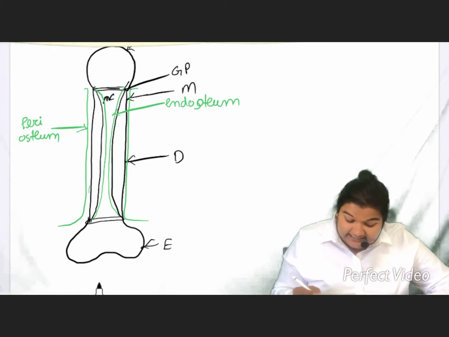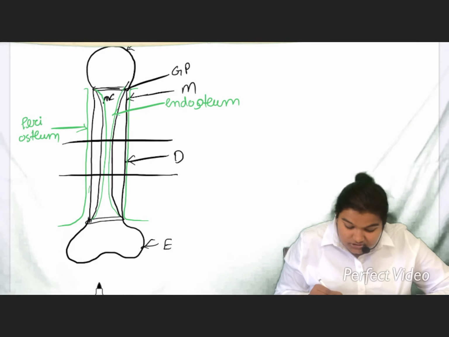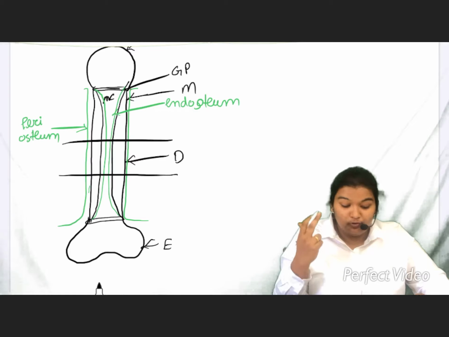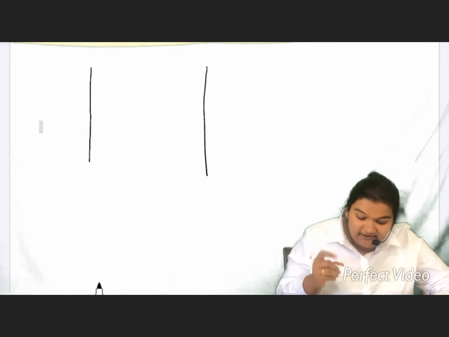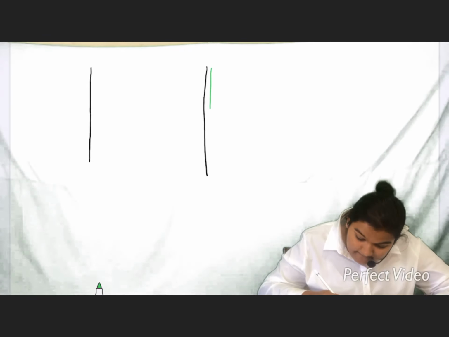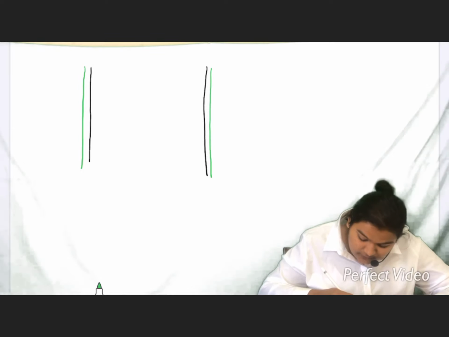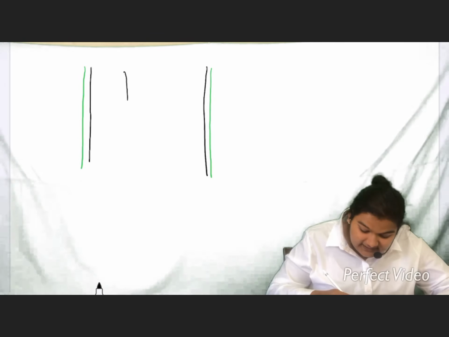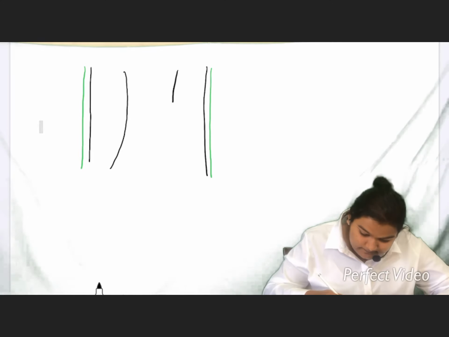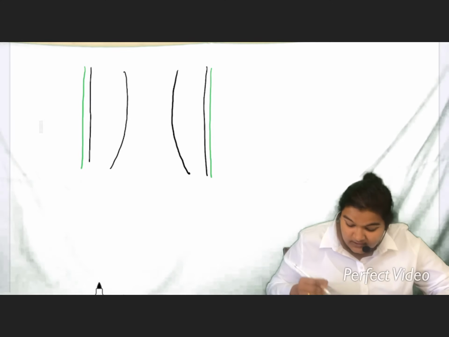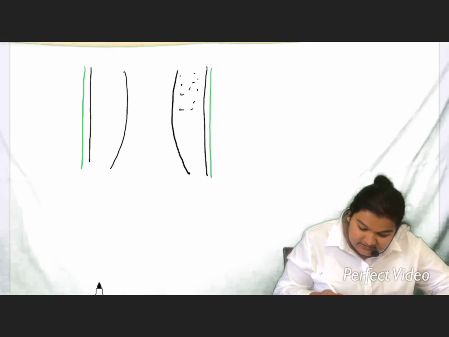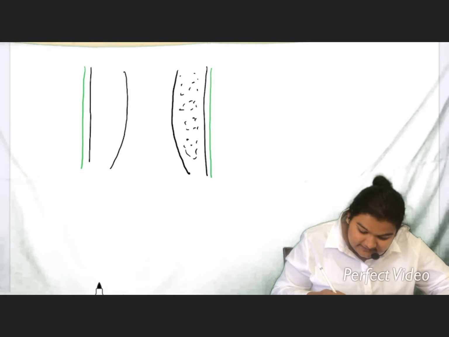Now let us take this structure. This much structure we will magnify and see more clearly. Taking this as the middle part of the diaphysis, we have the periosteum over here. In the middle, we have the medullary cavity, and this part is the cortex.